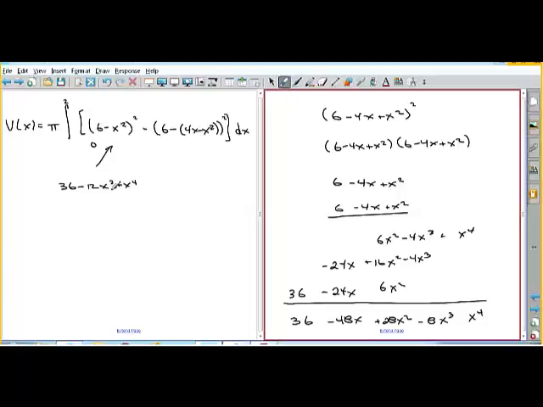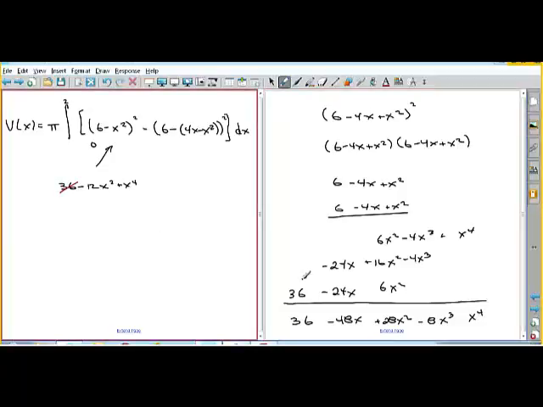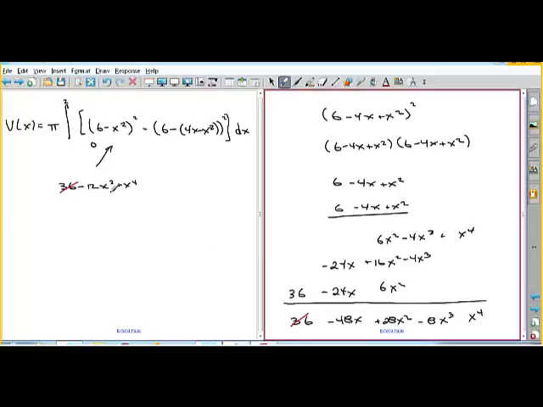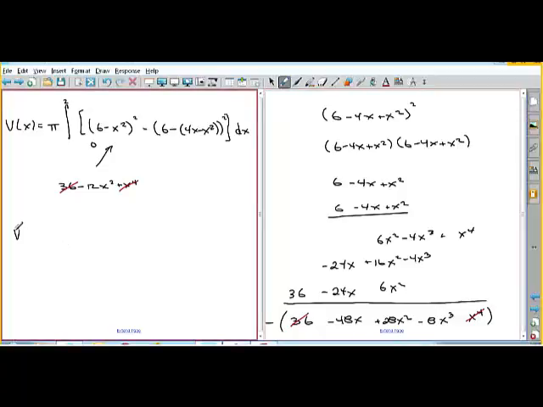So now what you would do is you would take this and add it to that, or subtract it. So what's going to happen is these two terms are going to cancel out when I subtract it. And this is not going to cancel out. This one will cancel out with that one. And the negative 12x squared. So what I'm doing here is I'm basically subtracting this whole thing. So what we're left with, our integration is going to be pi times the integral from 0 to 2.